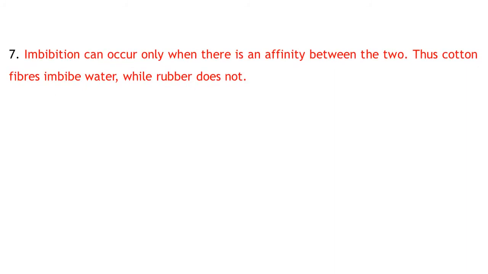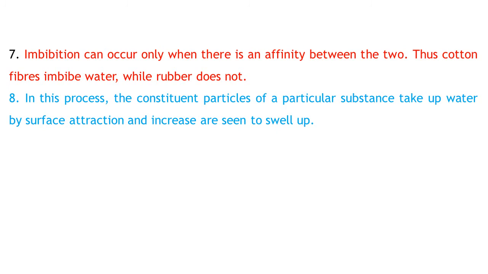Imbibition can occur only when there is an affinity between the two. Thus, cotton fiber imbibes water while rubber does not. In this process, the constituent particles of the particular substance take up water by surface attraction and are seen to swell up.